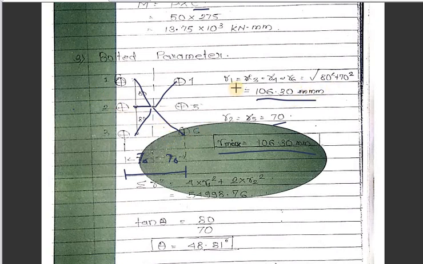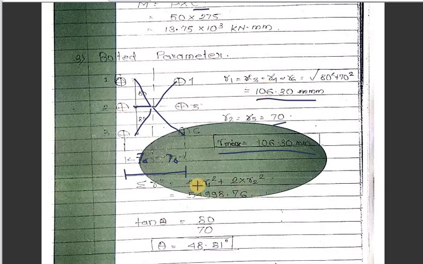How many bolts are there at 106.30? 4 bolts. So we have taken 4 R1 square plus 2 R2 square. R2 and R5 are 2 bolts, whereas there are 4 bolts at 106.30.